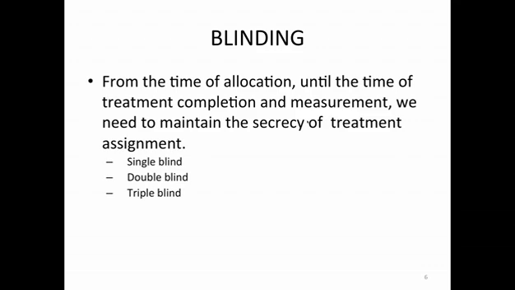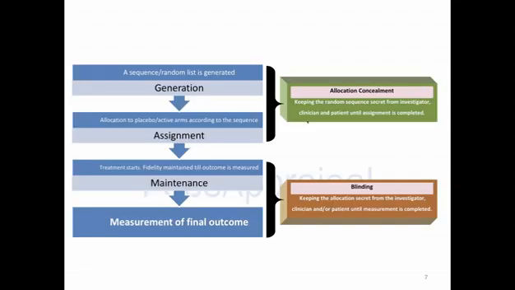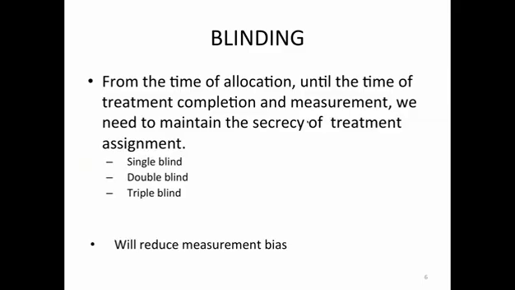In triple-blind trials, the patient, the investigator, and those who adjudicate the study outcomes, for example, the assessors, are also unaware of the allocated treatment. Open-label trials have no blinding.